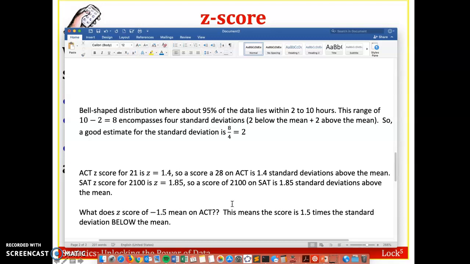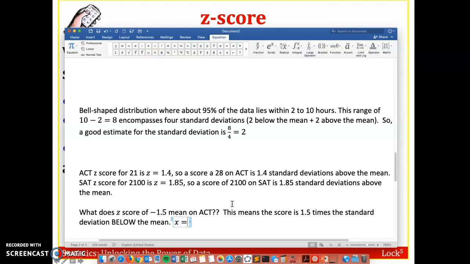All right, we've got z equals minus 1.5. So then the value would be the mean minus 1.5 times sigma. So if we're looking at the ACT, that would be 21 was the average, minus 1.5 times the standard deviation, which was 5. I'm going to throw that in my calculator. 21 minus 1.5 times 5 would be 13.5.